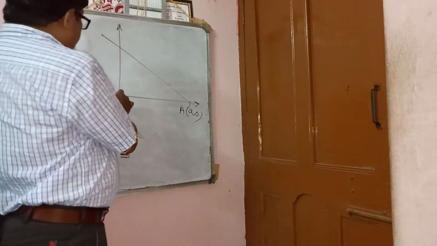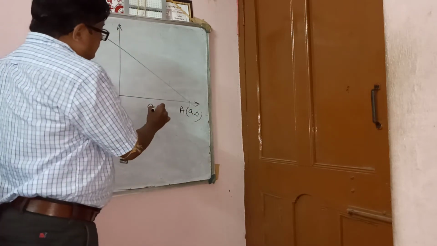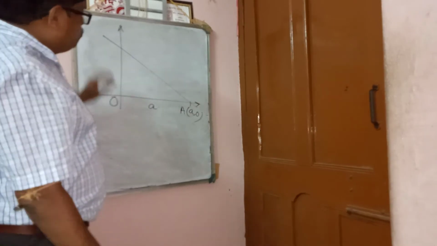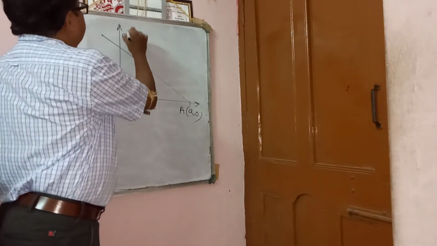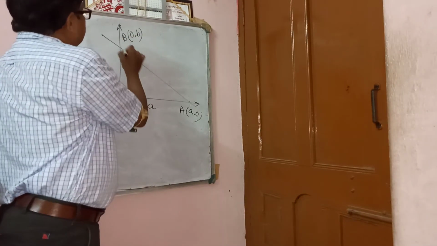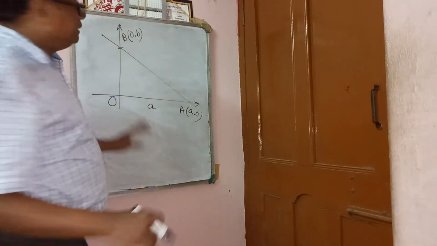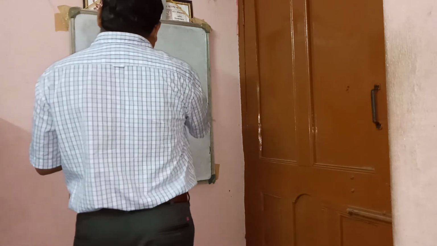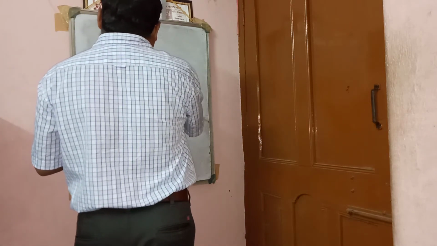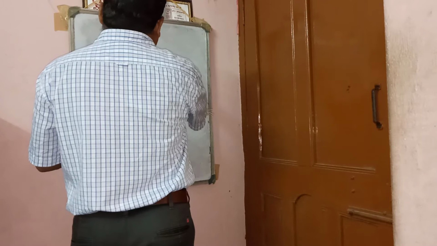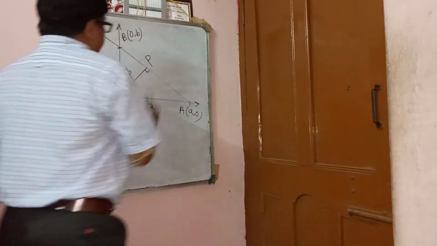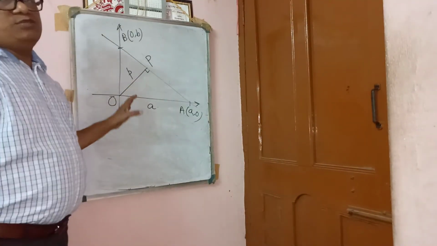So this distance from the origin is A, and the y-axis at the point B, that is 0, B. Its perpendicular distance from the origin to the line, so this is the perpendicular distance, suppose small p, with capital P the foot, so OP is the distance small p.